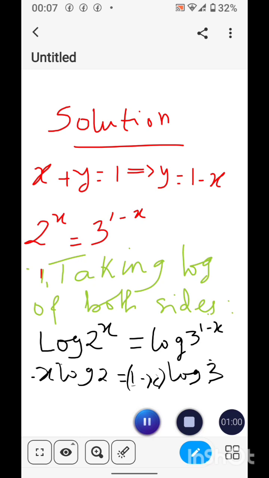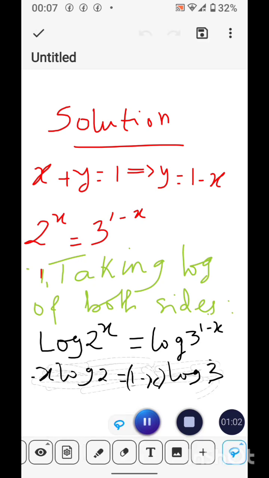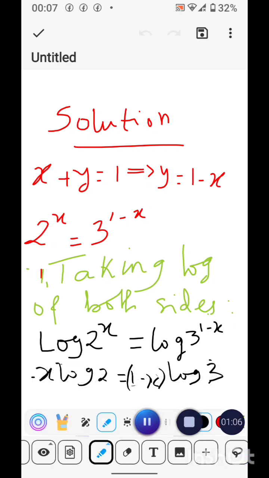Now, our solution. The question said x plus y equals 1. From here we can make y the subject, which gives y equals 1 minus x.